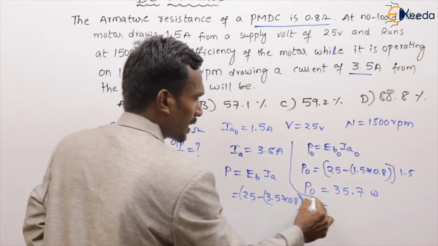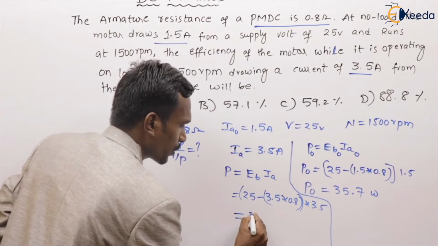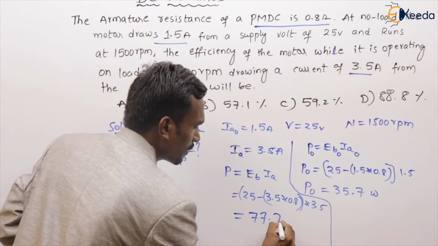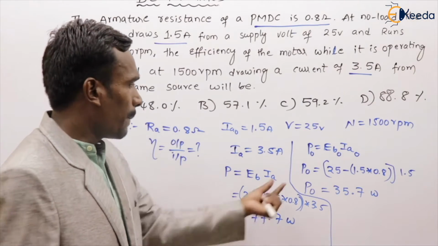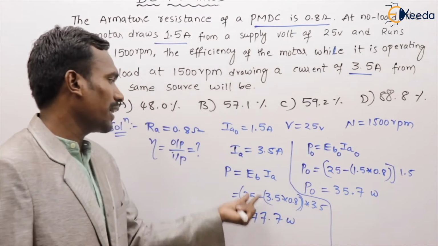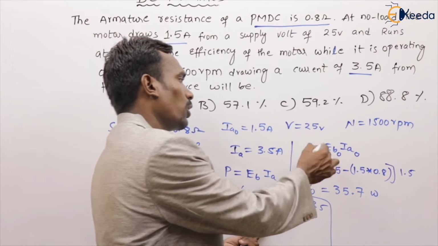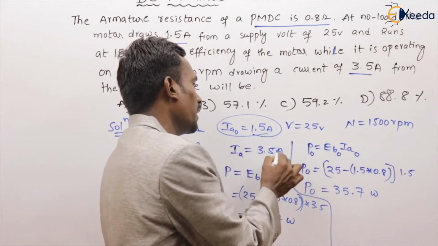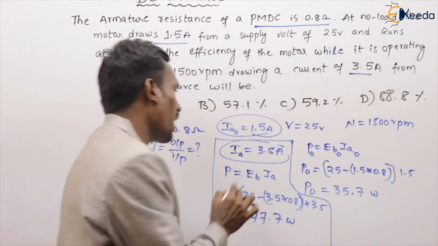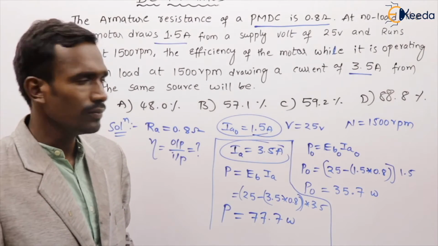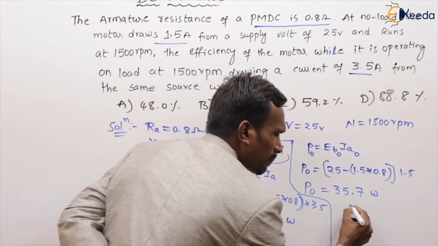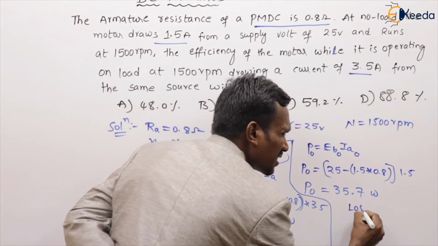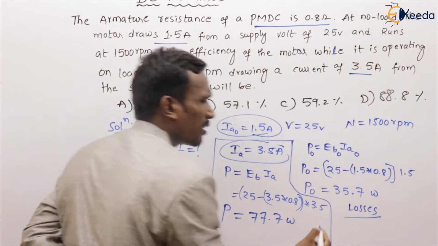If you calculate this, you can get 77.7 watts, the power at loaded condition. At no load condition IA is 1.5, and at loaded condition IA is 3.5. The power at no load is nothing but the losses.